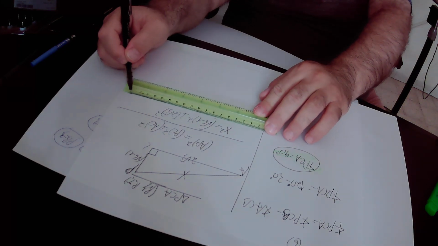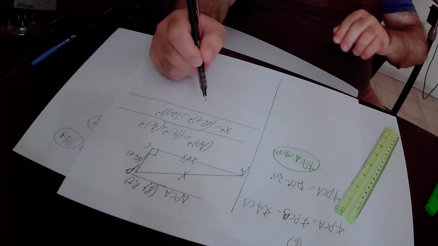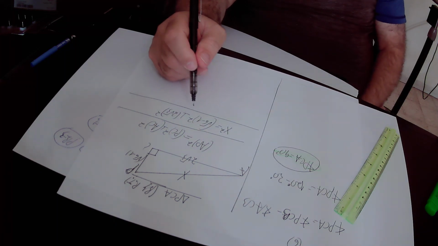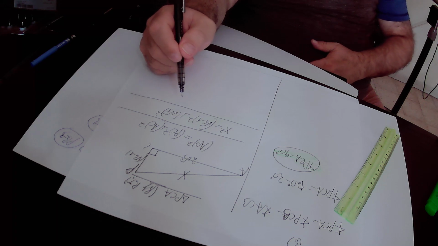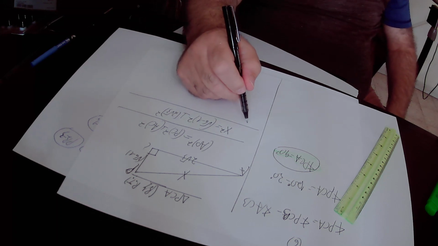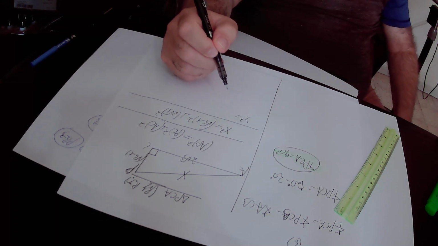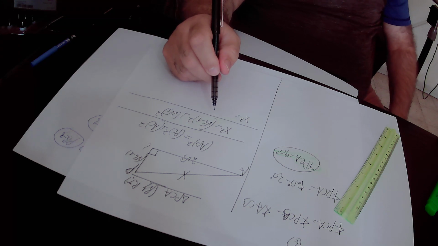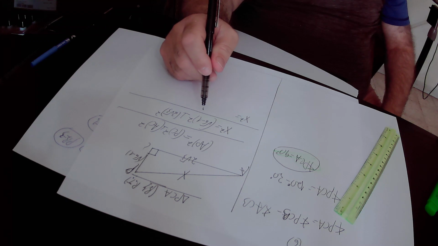So in conclusion, we found out that x squared equals the square root of 6 minus 1, squared, plus 2 times square root of 3, squared. So x squared equals the square root of 6 minus 1, squared.